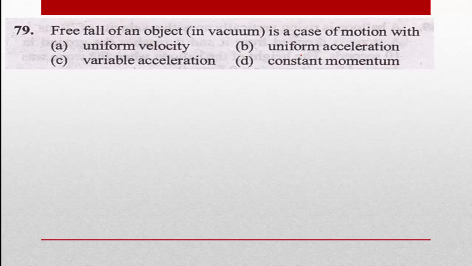When the body falls in a vacuum tube, it moves with uniform acceleration, because there is no air resistance. That's why the body moves with equal velocities in equal intervals of time, which is called uniform acceleration. Option B is the right answer for this question.